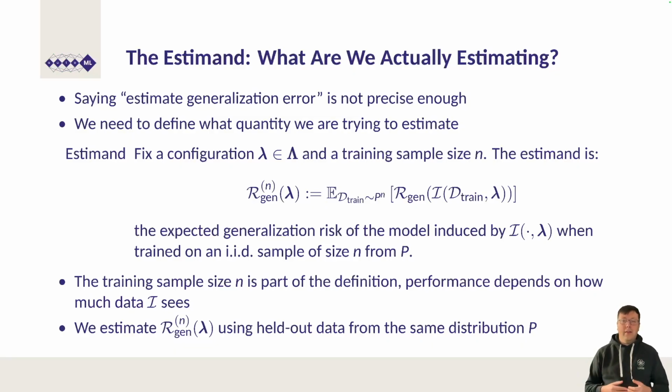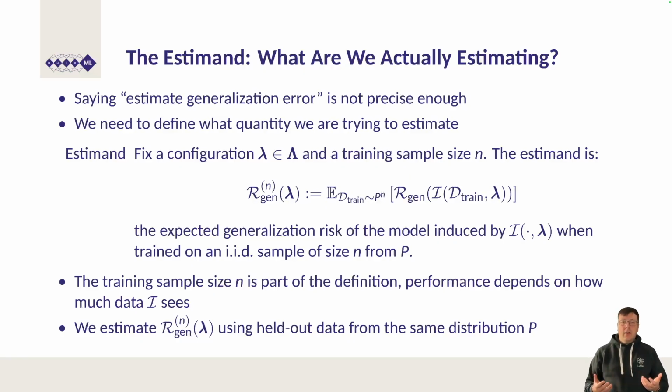The estimand is then the expected generalization risk of the model when induced from an IID sample of size n from P. We write this as the risk we had beforehand of the configuration, but now with an upper index n indicating the sample size, where the expectation is taken over all possible training sets of that size.